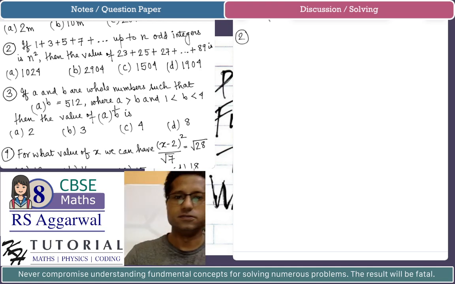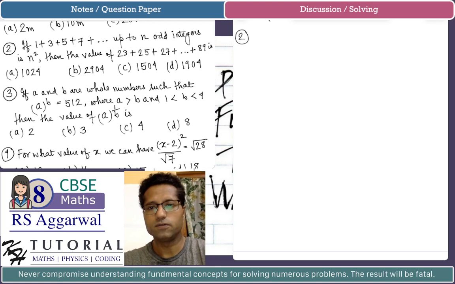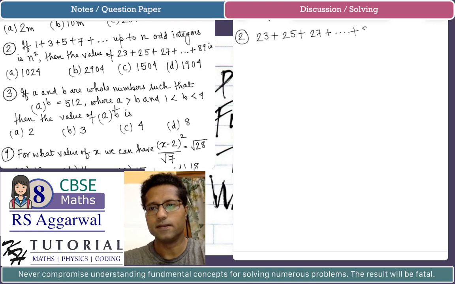Now it is asking us to find the value of 23 plus 25 plus 27 plus up to 89. Okay, so we have to find the sum of 23 plus 25 plus 27 plus up to 89.